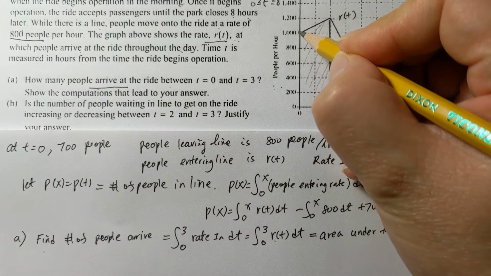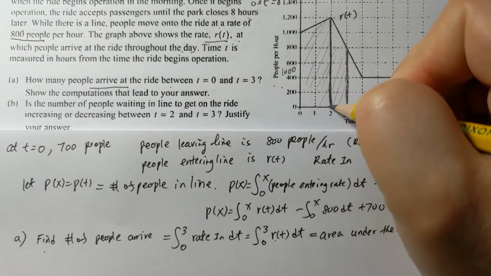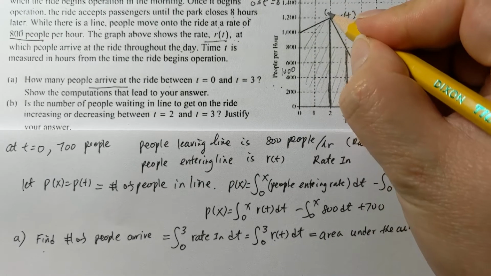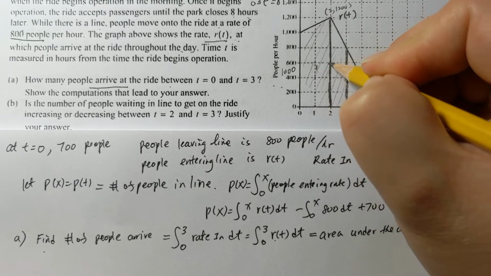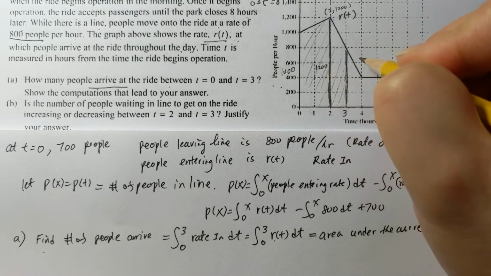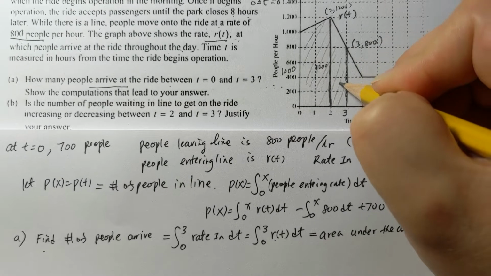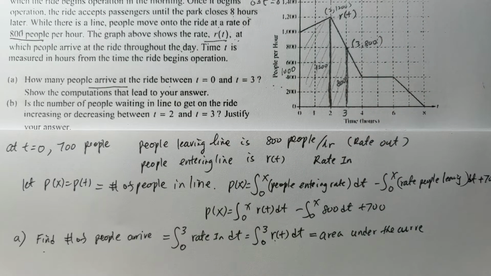Over here we got 0 to 1,000, so we got 1,000, and at 2 comma 1,200, so this is 1,200. And here is 3 comma 800, so this is 800. Now we are going to calculate the area.